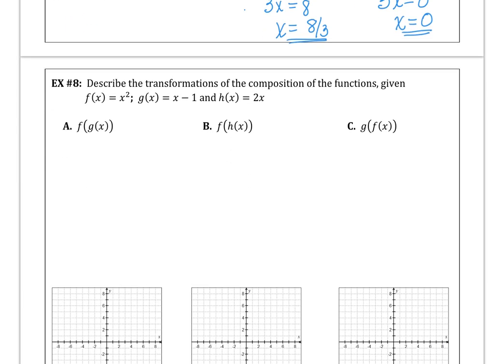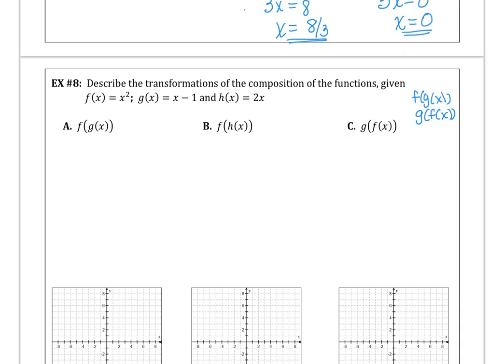For example 8, we want to describe the transformations of the composition of the functions if we're given f of x is x squared, g of x is x minus 1, and h of x is 2x. And remember, we said that the f of g of x and the g of f of x are not always the same.